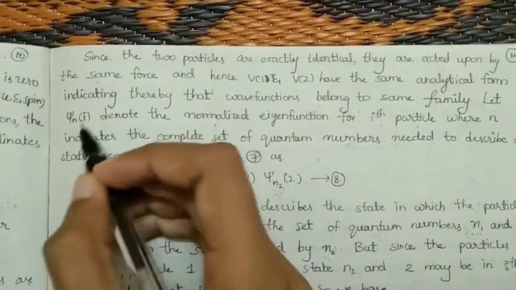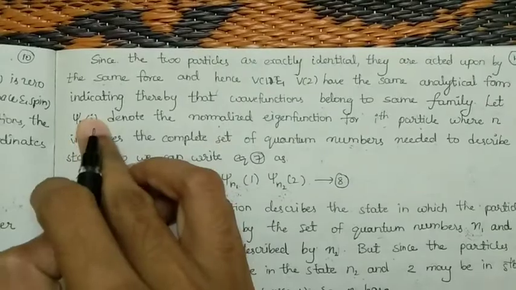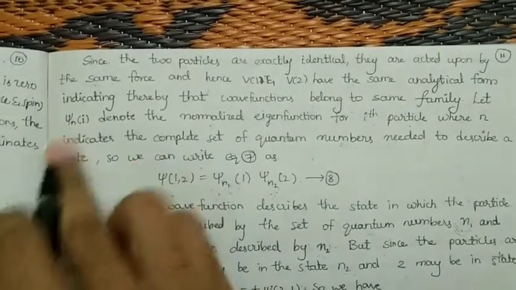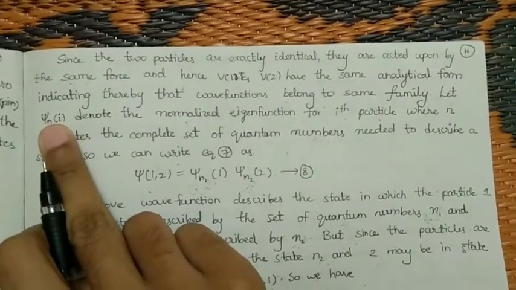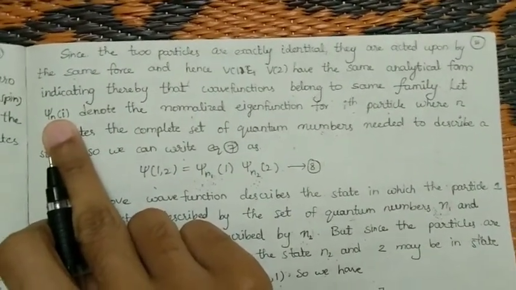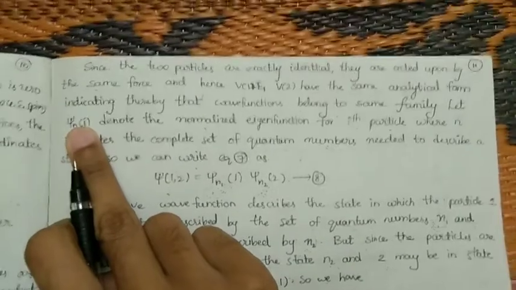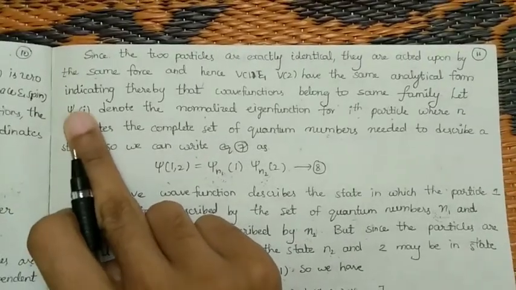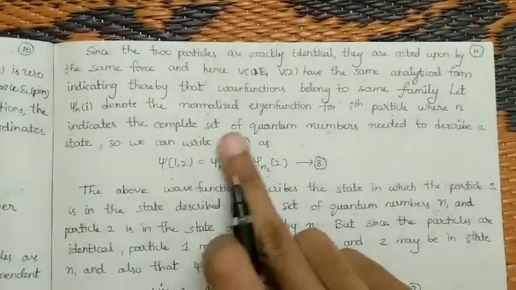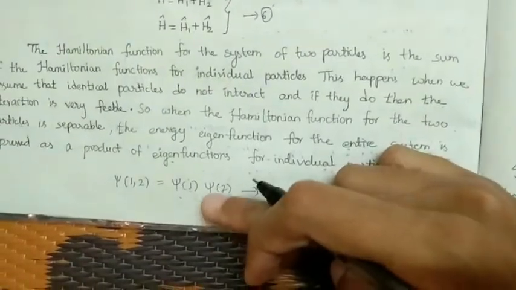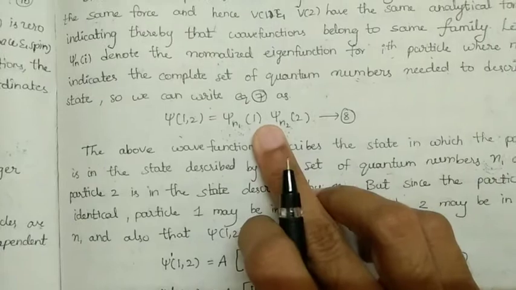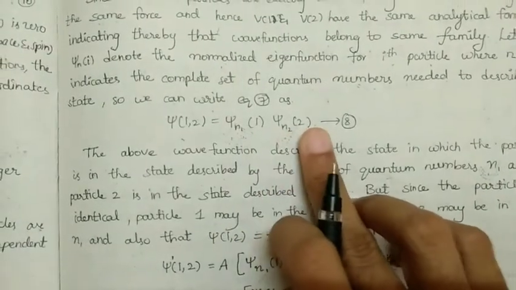So it may be the first particle, second particle, third particle, like that. For the ith particle, n is the complete set of quantum numbers needed to define it. All 4 quantum numbers which are required to define the state of that particle, that is the n used to describe a state. So equation 7 could be written as ξ of 1, 2 equals ξ n1 of 1, ξ n2 of 2.